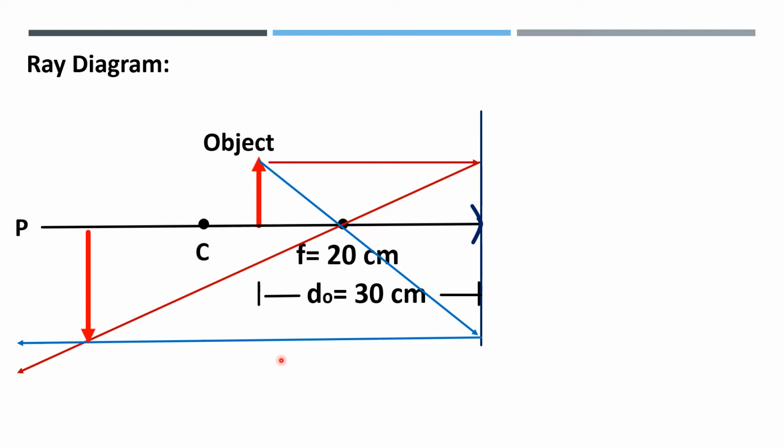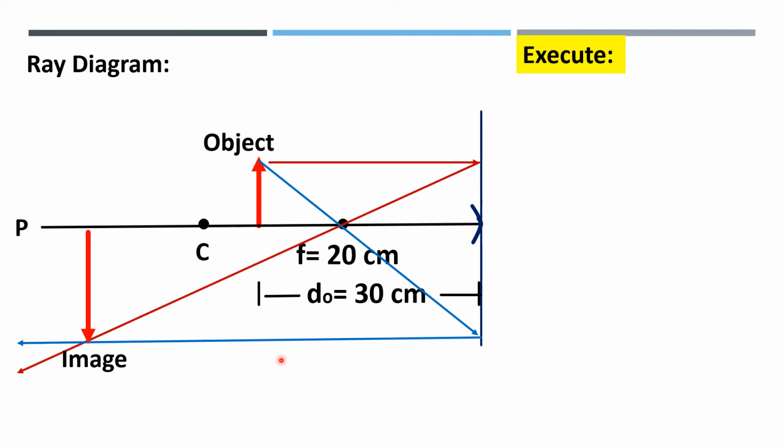So our task is to determine the distance of this image, how far it is from the mirror. We call that the image distance.